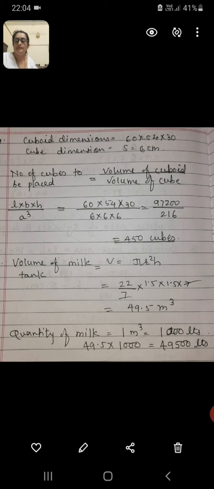It is in cylinder shape, so we are going to use pi r square H. We replace the values, r is 1.5, H is 7, and we'll get 49.5 meter cube as the volume of that cylindrical tank. Now in 1 meter cube, 1000 liters of milk can be placed. So 49.5 multiplied with 1000 gives you 49,500 liters of milk that can be stored in that particular milk tank.